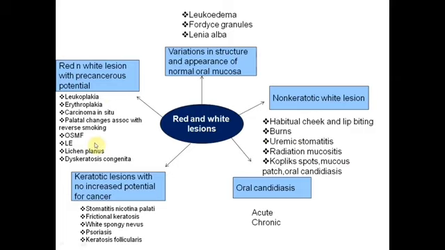You can find the videos on leukoplakia and OSMF which were uploaded previously. Then lichen planus and leukoedema, Fordyce granules, and linea alba are the normal anatomic appearances. Oral candidiasis also has another session uploaded on the channel, so you can go through it. So this all comprises red and white lesions, not just lichen planus.